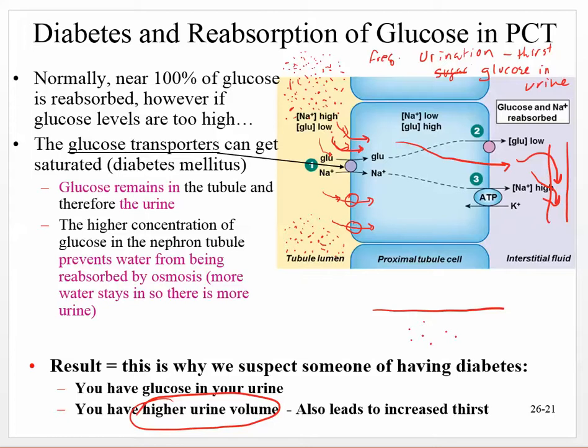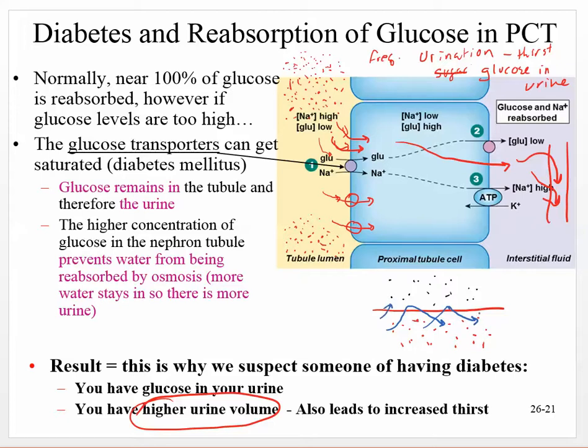If this is the inside of the tubule and this is all the glucose, when we have these particles that are leaving, the water's supposed to follow those, right? Well, it is supposed to follow it, except it says, wait a minute, there's a whole lot of glucose in here. Maybe I don't want to leave the nephron, and I'm just going to go ahead and stay right in here.